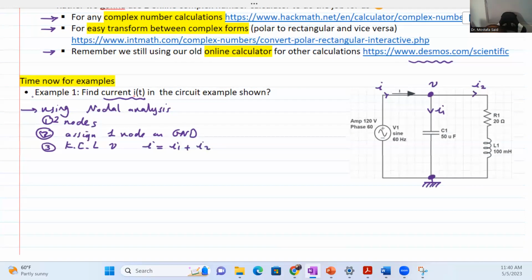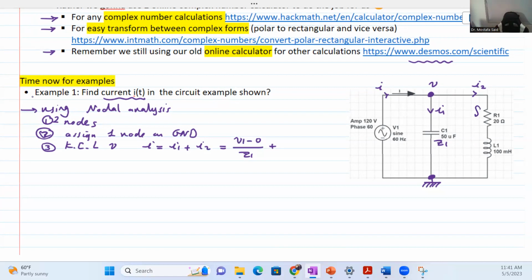So I1 is basically the voltage difference across the capacitor over the capacitor impedance. We're going to call the capacitor impedance Z1. The voltage difference is the source of the current, V1 here, minus the destination of the current, which is the ground. So (V1 minus 0) divided by Z1. I2 is the same concept: the voltage difference across the resistor and the inductor.